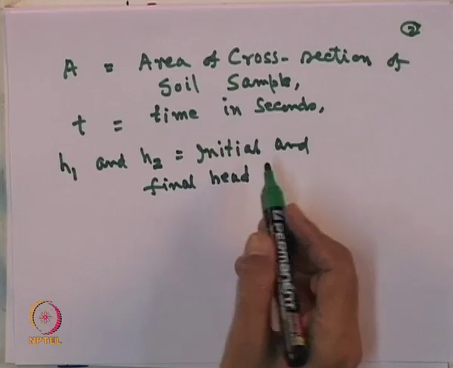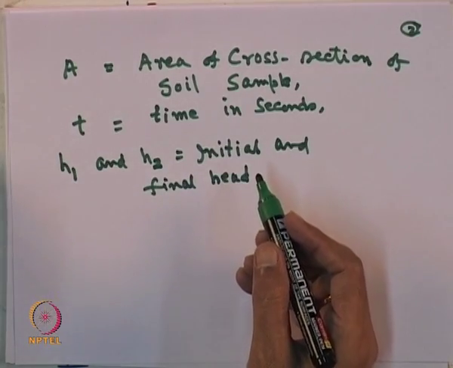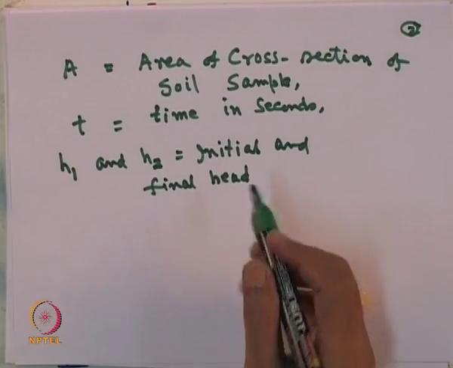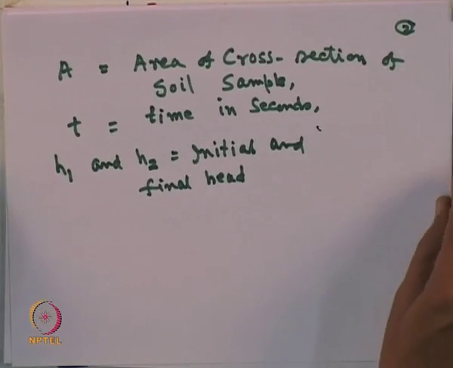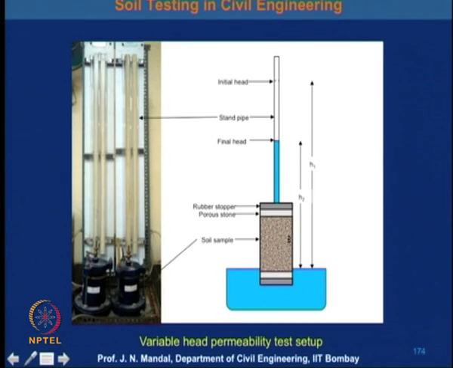I showed you the earlier sketch, with which you can calculate the coefficient of permeability. This is the standpipe. The cross section of the standpipe is small a, that is pi by 4 into d square, where d is the diameter of this standpipe.